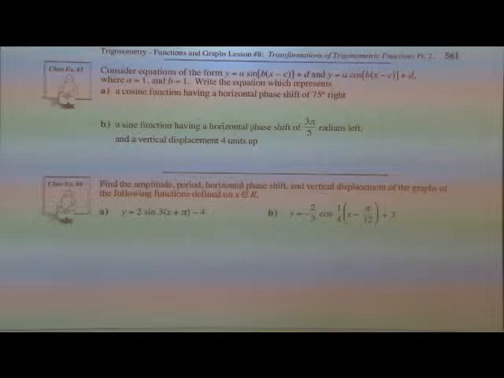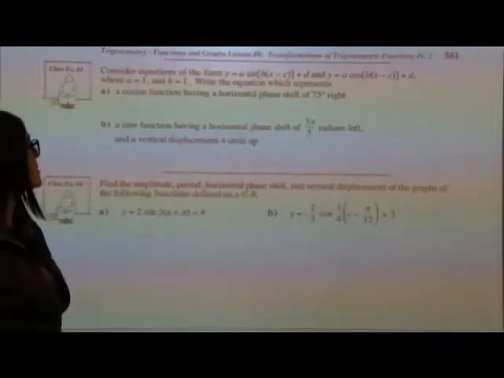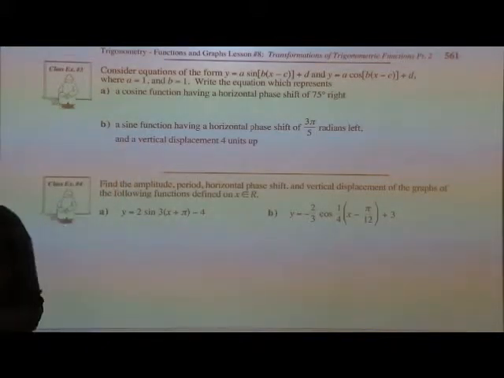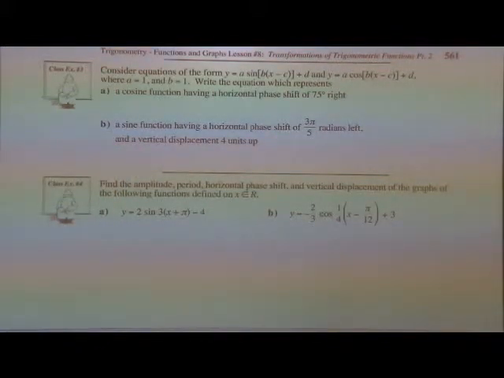So it says, consider the equations of the form y equals a sine of b times x minus c plus d, and if it's cos. The value of a and b are 1 at this point in time. So what equation would represent a cosine function having a horizontal shift, phase shift, of 75 degrees to the right? So if I'm going 75 degrees to the right, what replacement am I making?